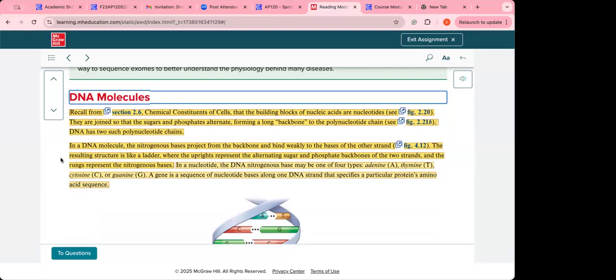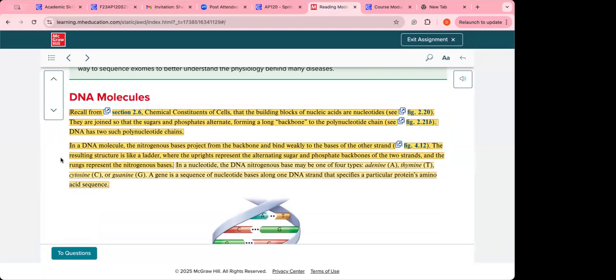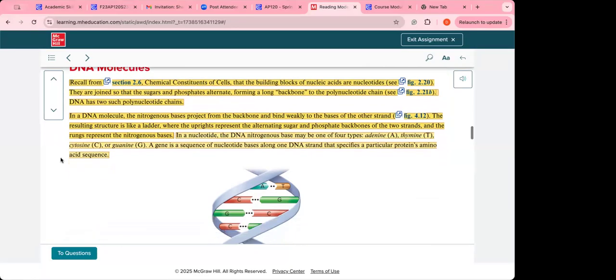The resulting structure is like a ladder, and the rungs represent the nitrogenous bases. Recall that the building blocks of nucleic acids are nucleotides.